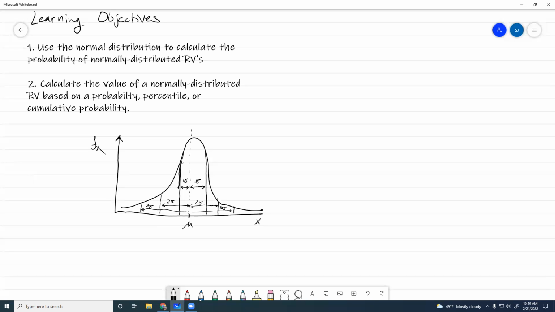And the nice thing about the normal distribution is this thing called the empirical rule. Empirical just means something that we observe, and we can observe with the normal distribution that if we go 1 sigma away from the mean, that accounts for approximately 68% of observations.